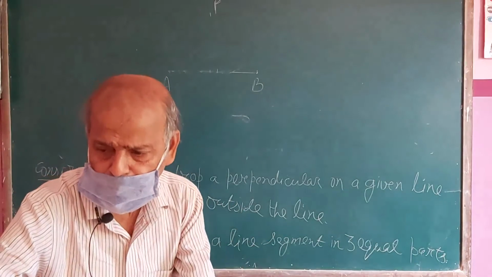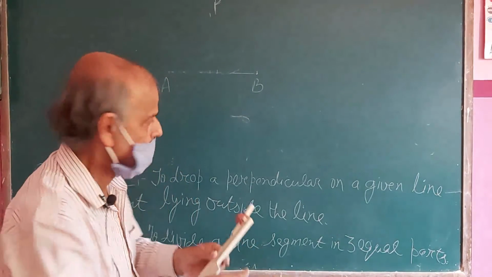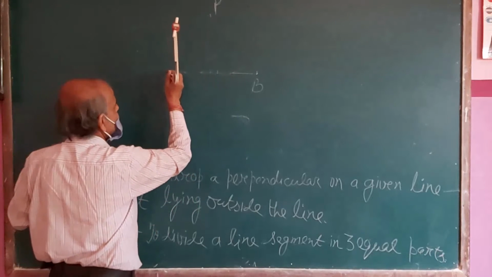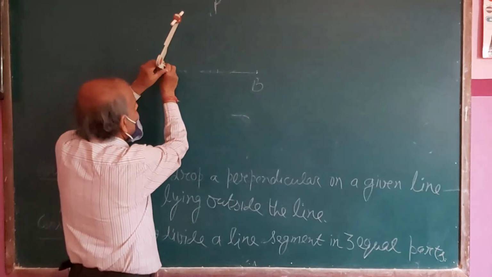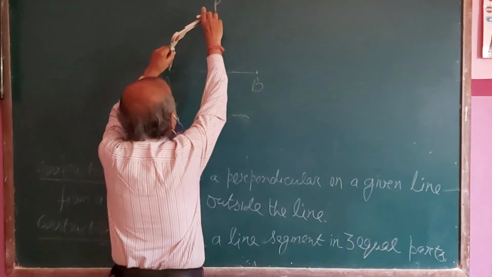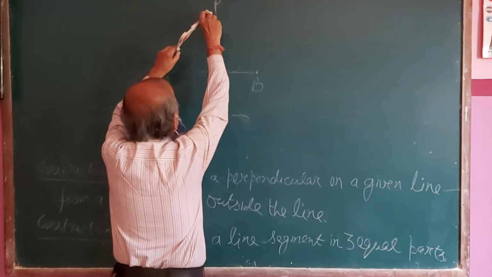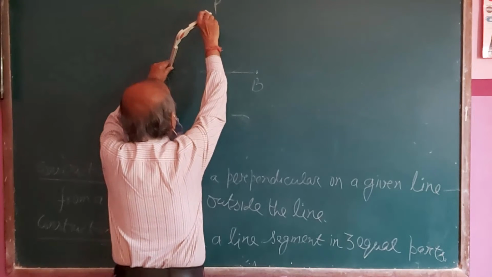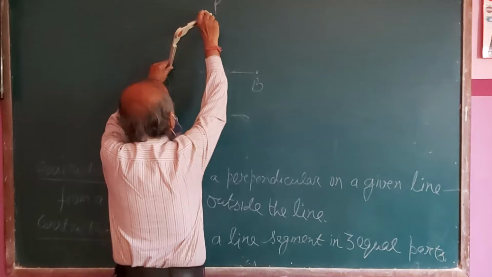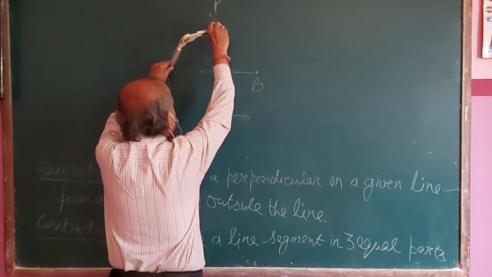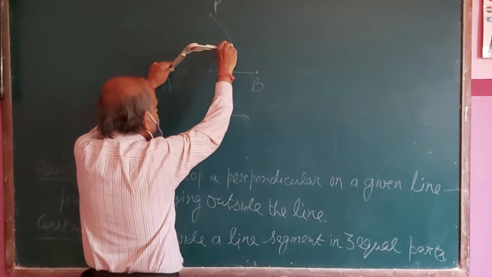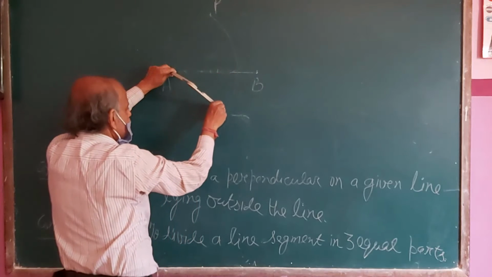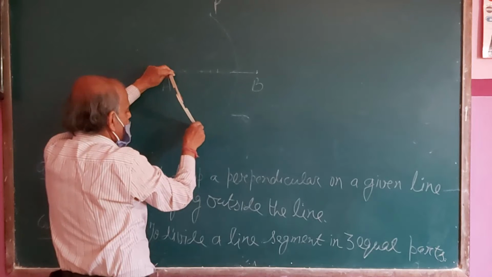You take your compass, put the steel end at A and touch point P, extending the arc length should be AP. AP, draw an arc. Let it extend in the bottom direction.